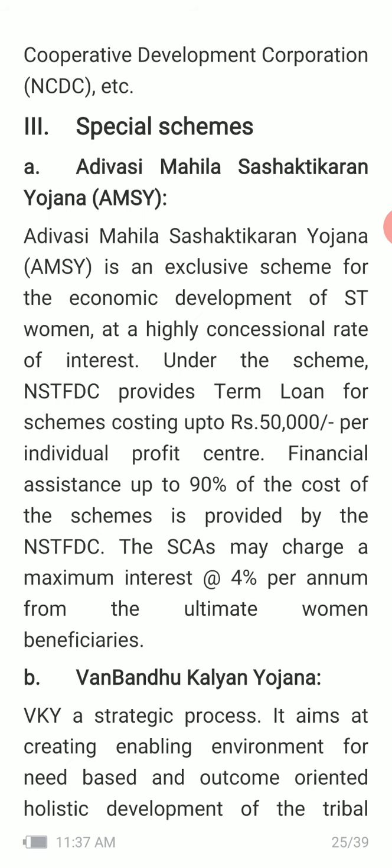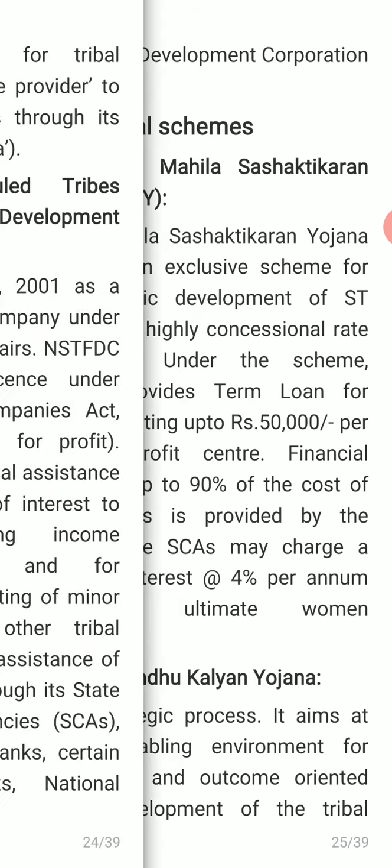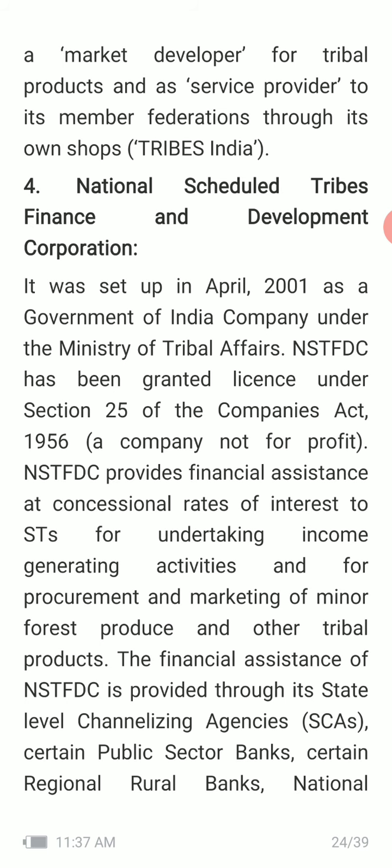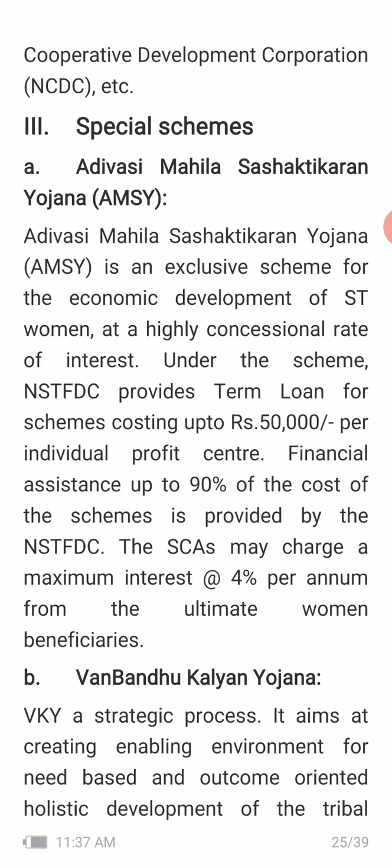The SCAs, the state level channelizing agencies, may charge a maximum interest of 4% per annum from the ultimate women beneficiaries.